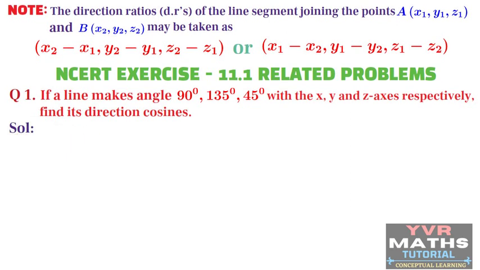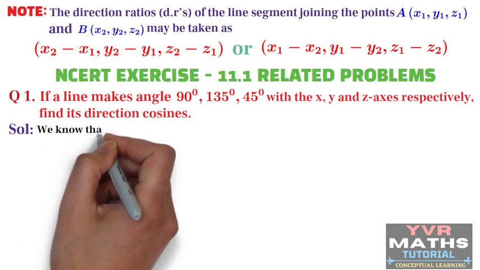We know that the direction cosines of a line making an angle alpha, beta, gamma with the x, y, z axis respectively, then cos alpha, cos beta, cos gamma are called direction cosines. In the previous class, we have already discussed about the concept of direction cosines.